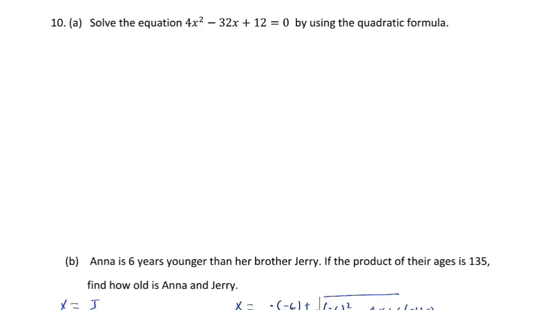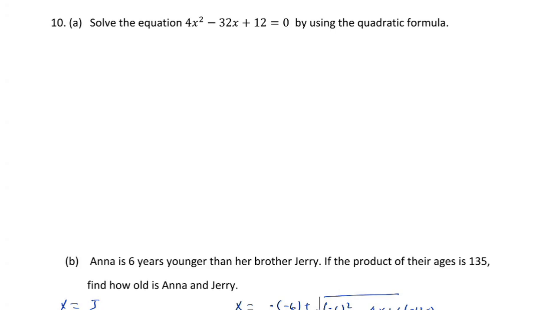Question number 10a, solve the equation 4x squared minus 32x plus 12 equals 0 by using the quadratic formula. This is the quadratic equation.